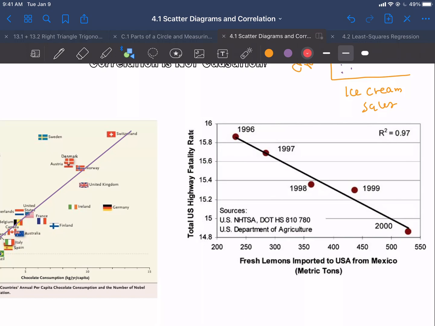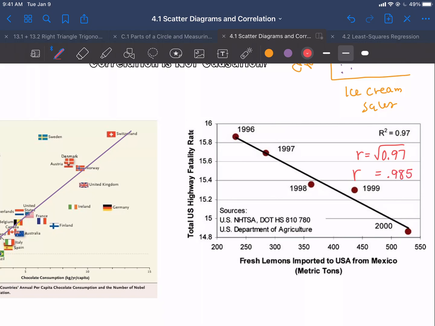And I do want to note that we have this R squared value up here. We don't work with R squared, we're worried about R. So to find R, we would take the square root of R squared, which is 0.985.